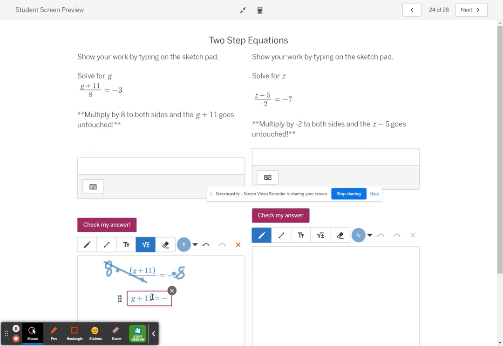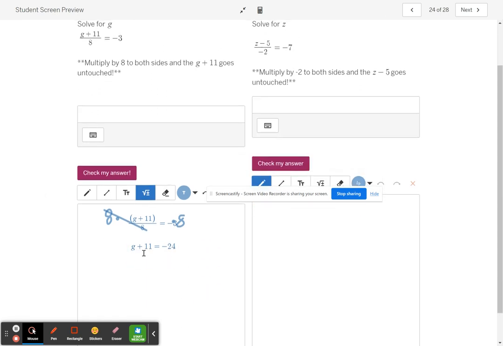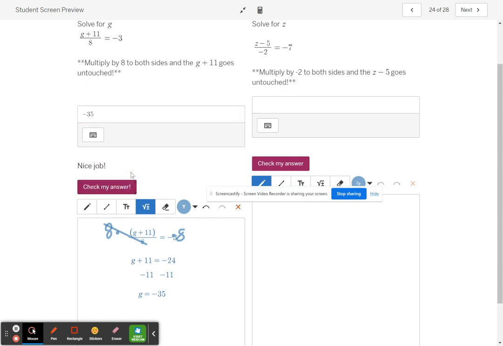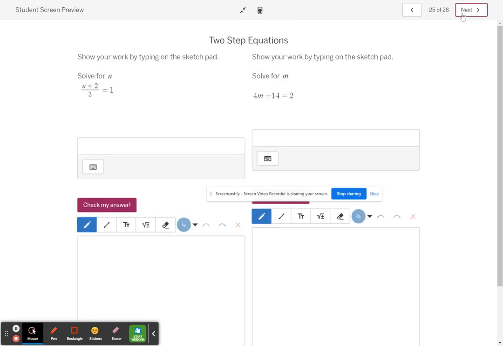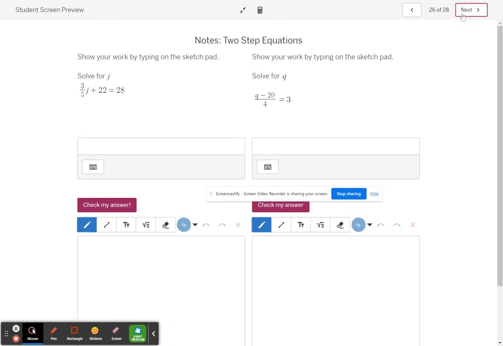And then that equals negative 24. And then it becomes just a 1 step where I have to minus 11 on both sides. And then G equals negative 35. So that's my expectations for those types of problems. So hopefully this video has helped and will help you complete the slides if you are struggling.